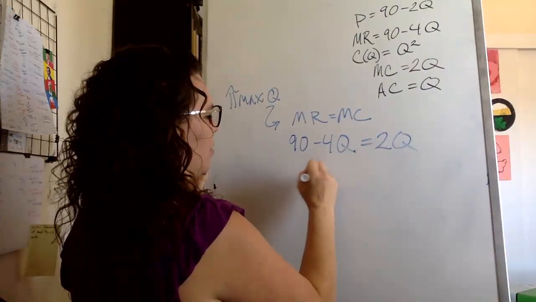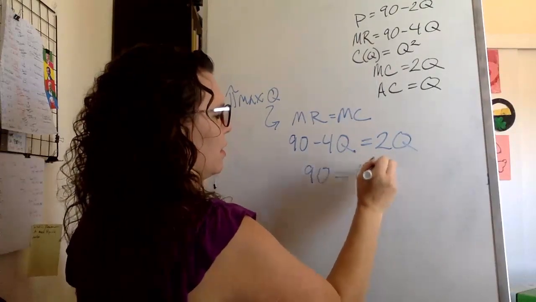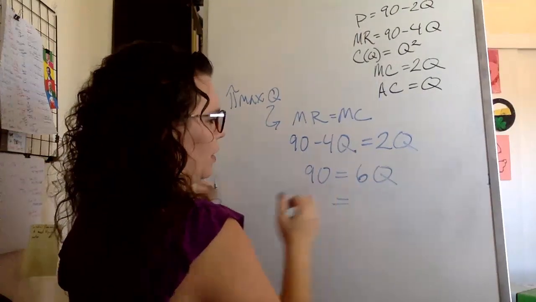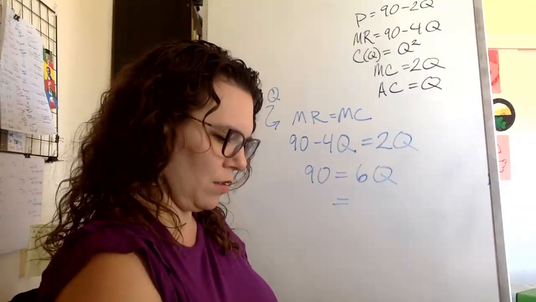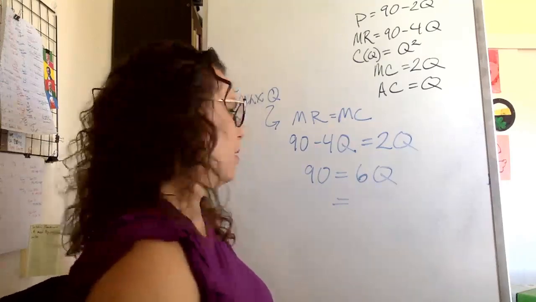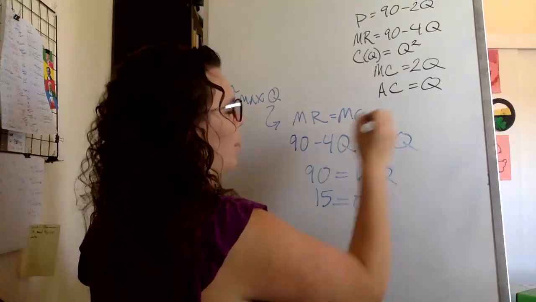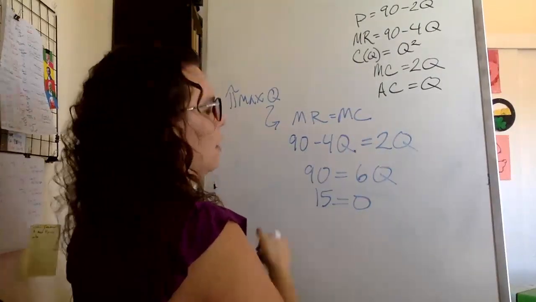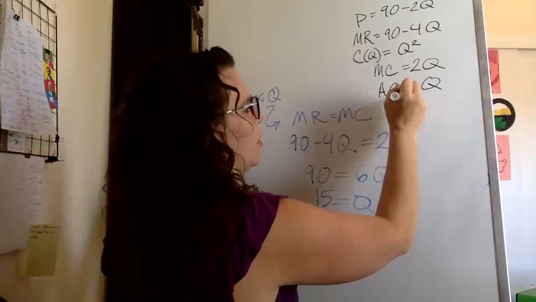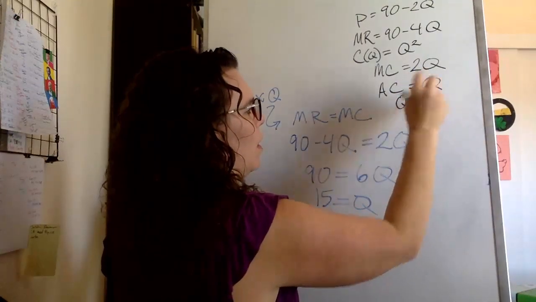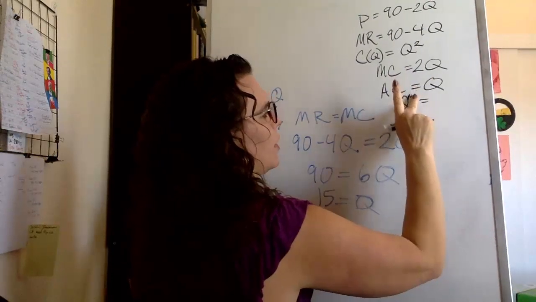So 90 equals, add 4Q to both sides, 6Q. So that's 90 divided by 6. Q equals 15. So our monopolist is going to produce a quantity of, I'm going to call it QM actually.